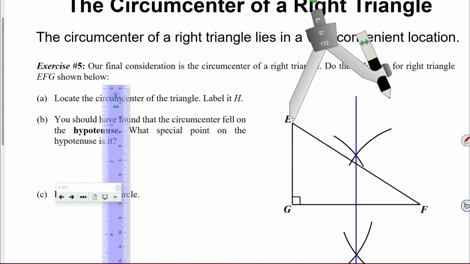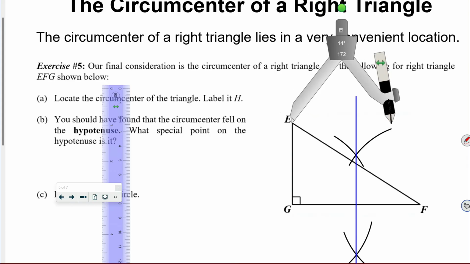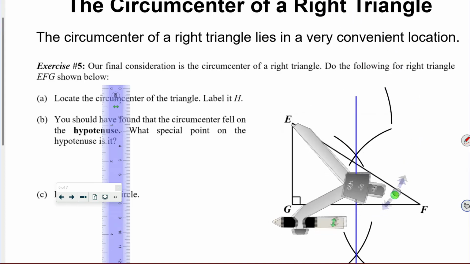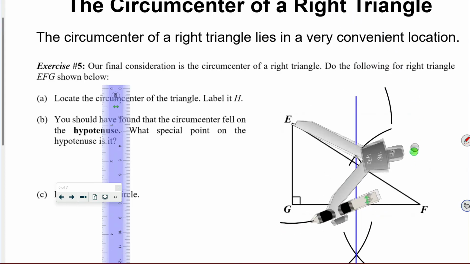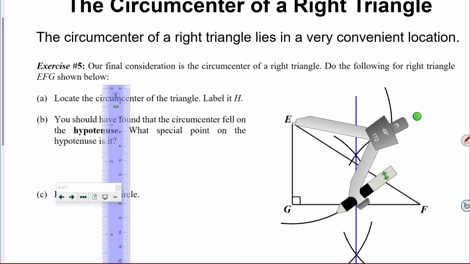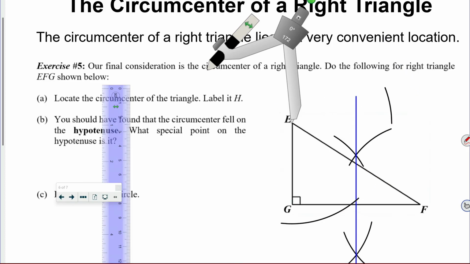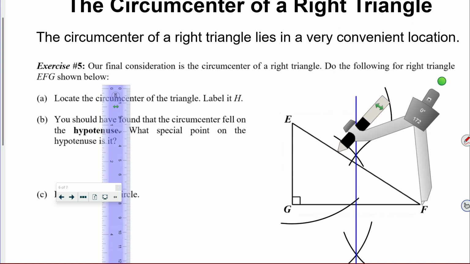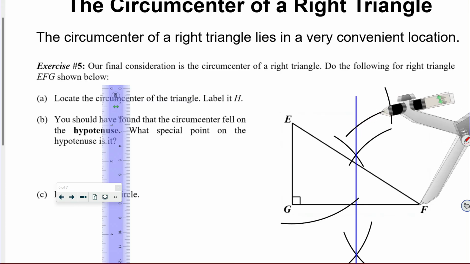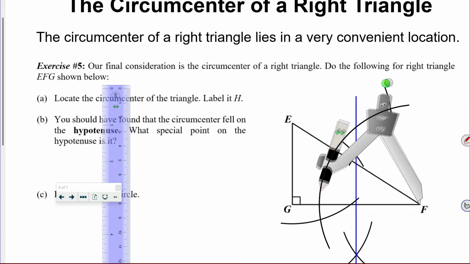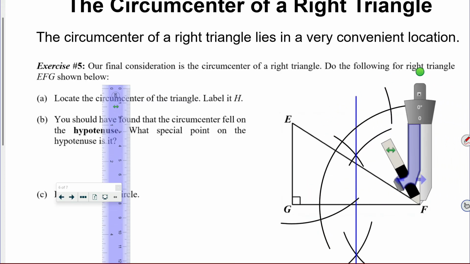And again, I really want that point right on E. I'm not sure that's right on E, but it's as good as I'm going to get for right now. Okay. Bring it up, switch the location of my compass point, put it on F. And I think I'll just take that little shortcut.